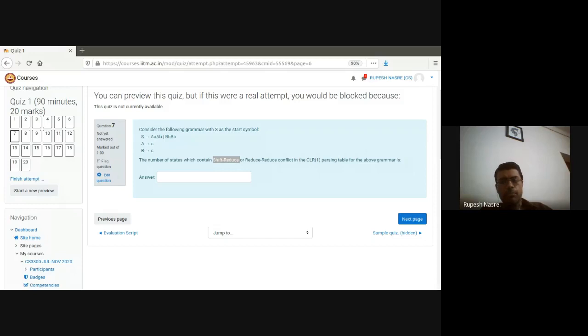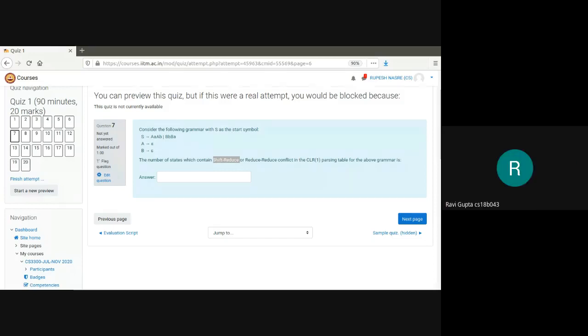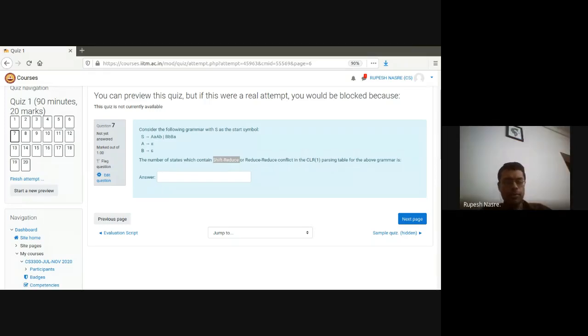That problem should come. I'm not sure about how epsilon reductions will work, but that problem might come, but for that we need to have both of them in the same state, right? Can we directly say that that will be a problem? No. We have to build the go-to table, the state transition diagram, and from there we have to build the parsing table. That is correct.